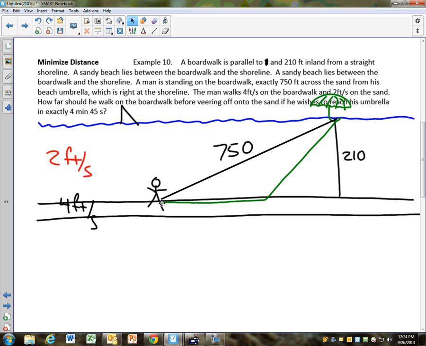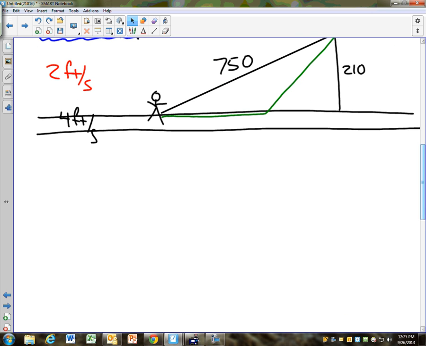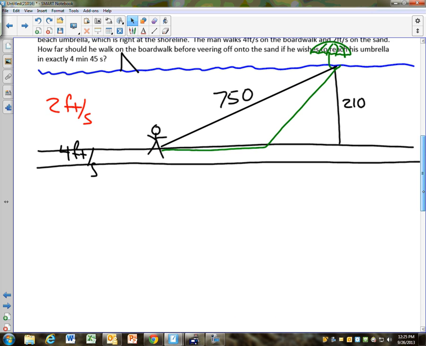Is this problem in minutes, seconds, or hours? Seconds. So we should probably convert his time to seconds. 4 minutes, 45 seconds. That's the same as 285 seconds.